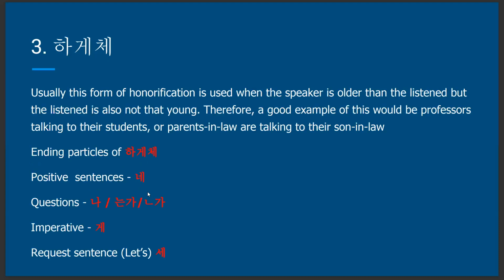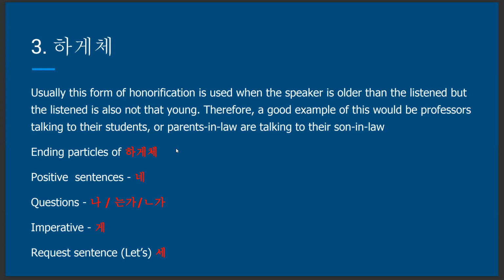And the third one is 하게체. So if you see the word 하게체, it means your sentence will end with 하게, but there are other endings. It is used when the speaker is older than the listener, but the listener is also not that young. So for example, let's imagine the situation when you are talking to your professor, right?